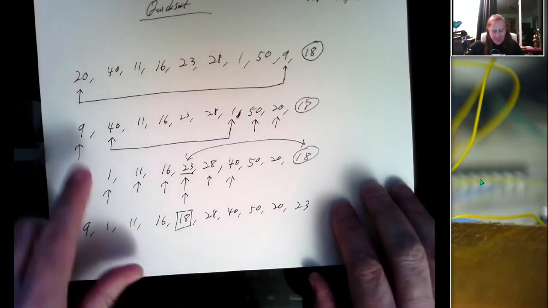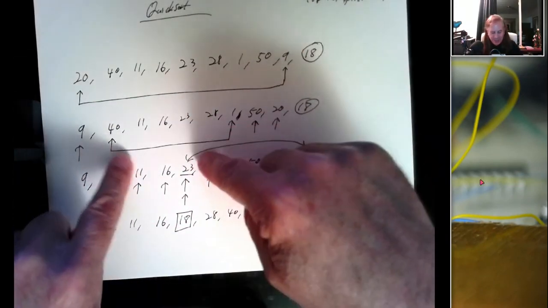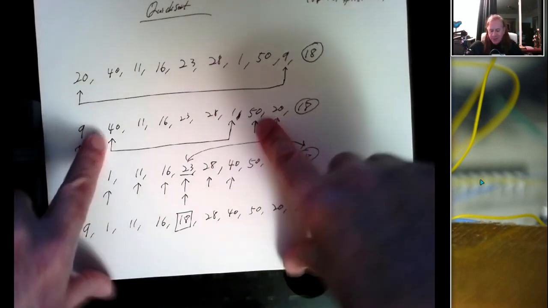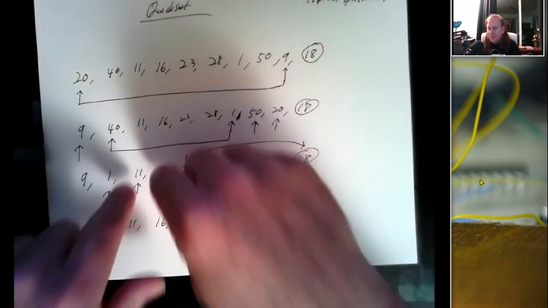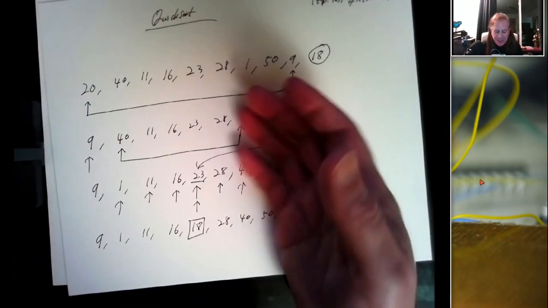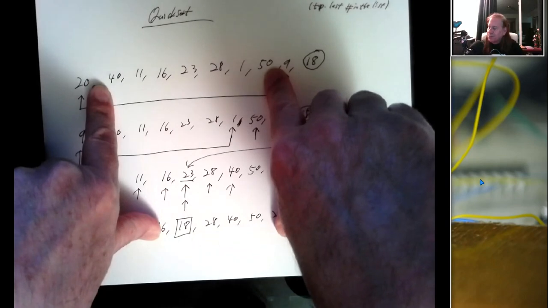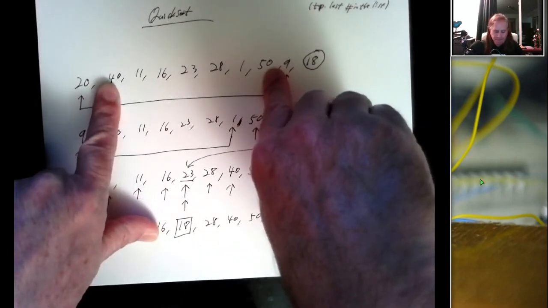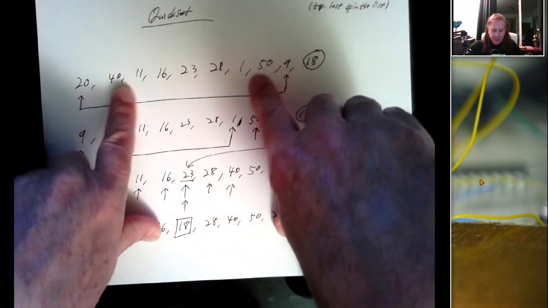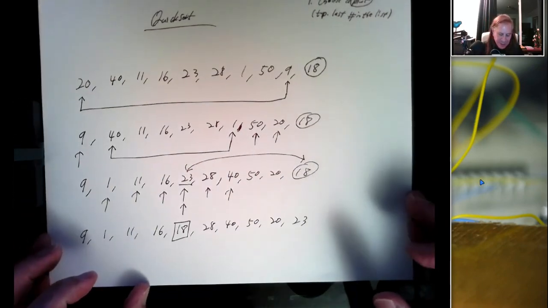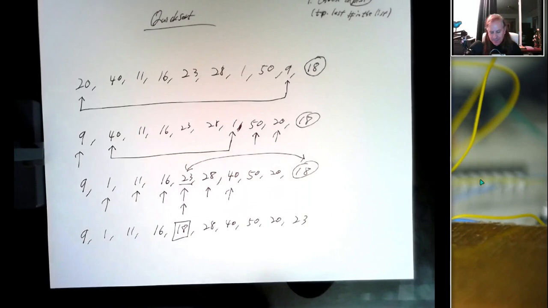And sometimes we pause and make a swap, and then we continue moving our arrows. But worst case, if we did a swap every time that we moved our arrows in, it's still an order n operation. The amount of work we do each time we go in is a little bigger because we have to do a swap of two numbers in our array. But this is order n.